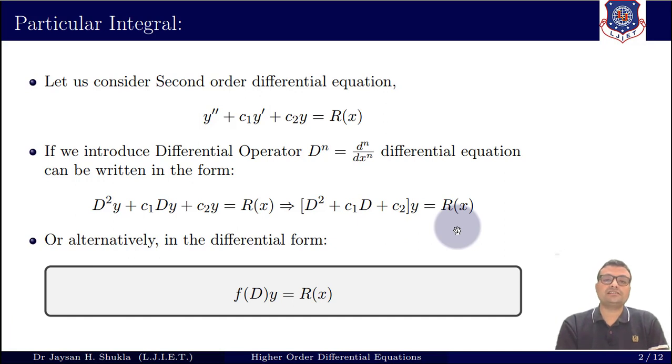And later on, we can write this in the differential form as f of D y equals r of x. This is our first step in all solutions of higher order differential equations.